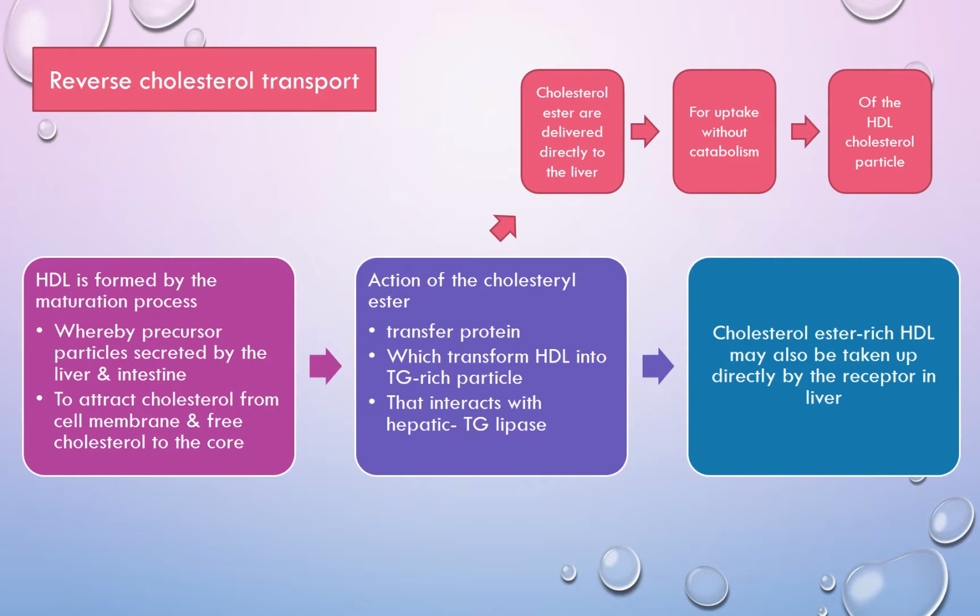This allows the HDL to interact with the hepatic triglyceride lipase. The cholesterol ester-rich HDL may also be taken up directly by the receptor in the liver. The cholesterol ester can also be delivered directly to the liver for uptake without catabolism.